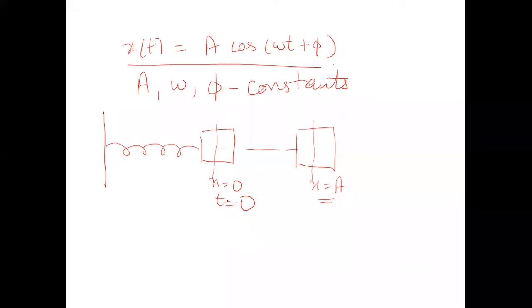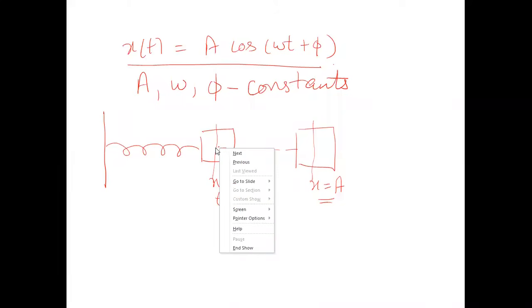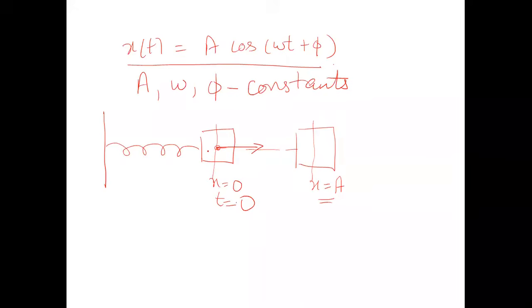Now, if you start your clock at this point, when the particle is at the equilibrium position, is it going to move in this direction or in this direction? It can either be going in this direction or in the opposite direction, because your particle is also going to go here, right?